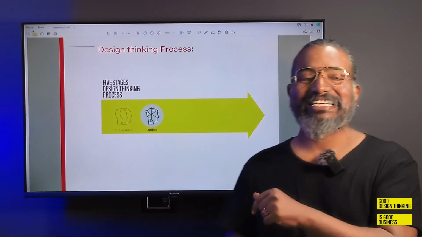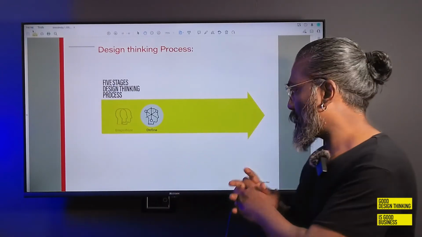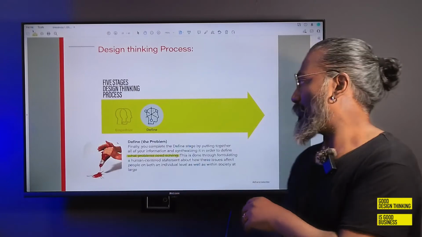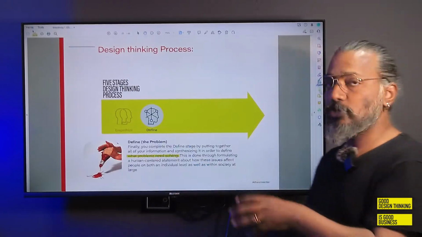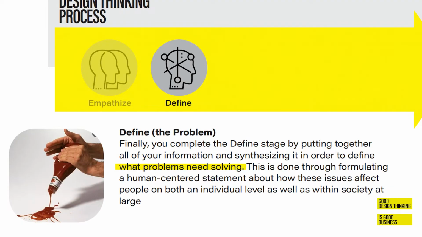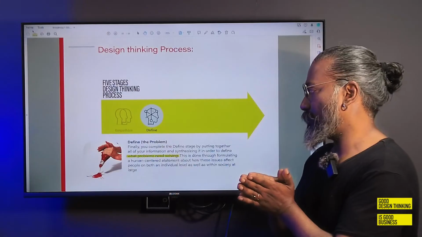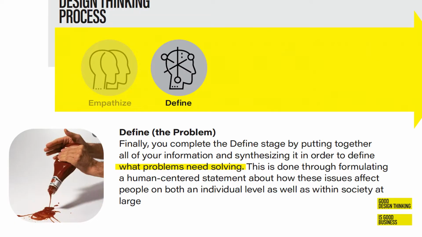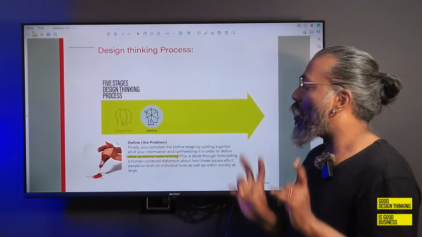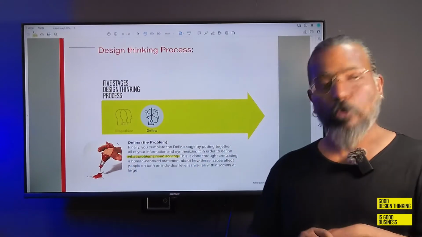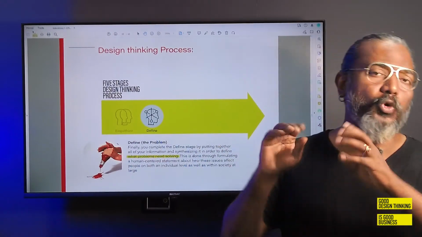The second stage is define. So what does it mean? You're trying to define the problem area. You complete the define stage by putting together all your information and synthesizing it in order to define what problem needs solving. So what is that problem?